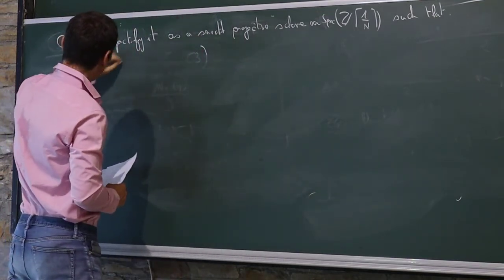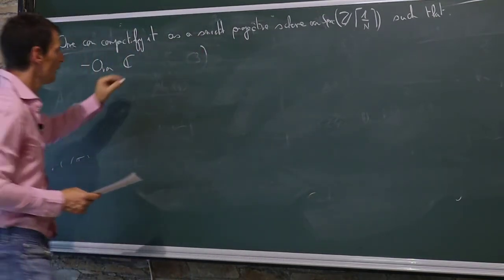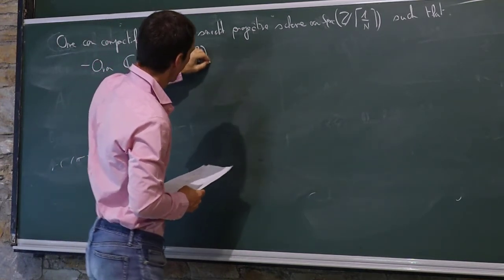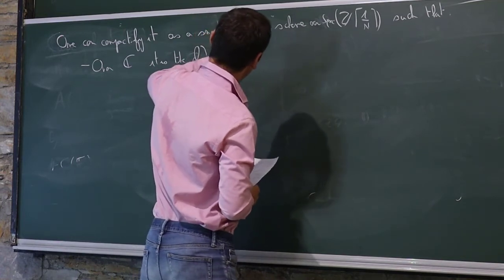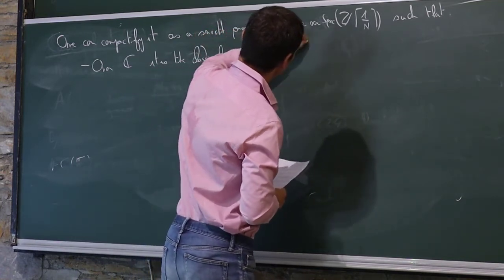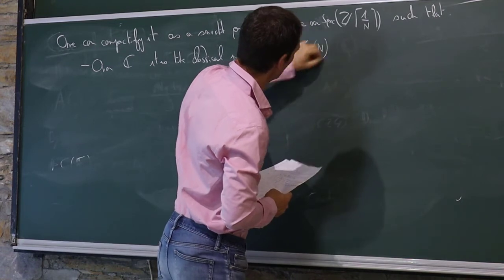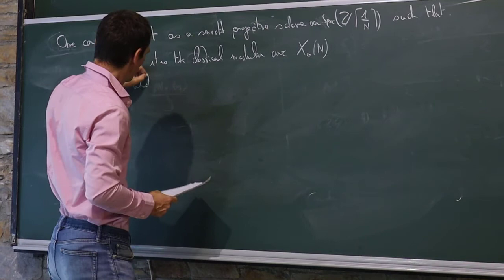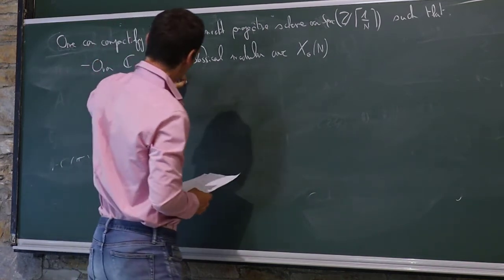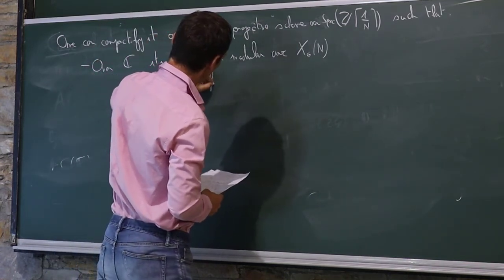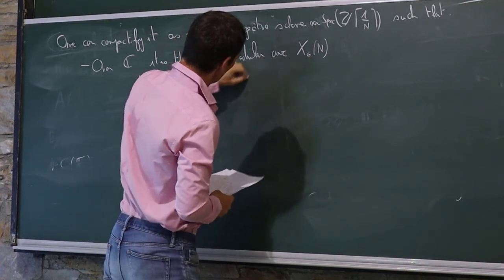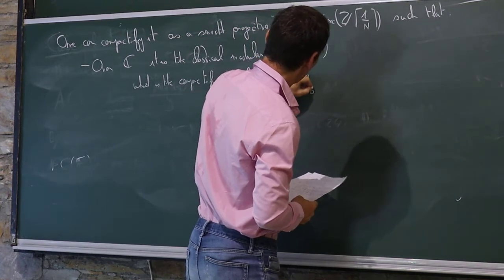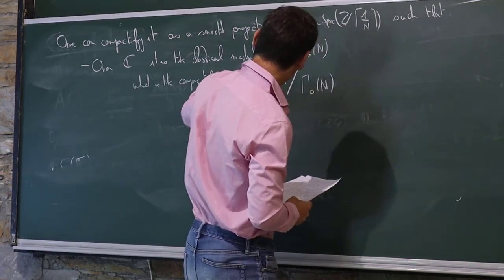If I look at it over the complex numbers, it is the classical modular curve that is denoted X_0(n), which is the compactification of the quotient H over Gamma_0(n).